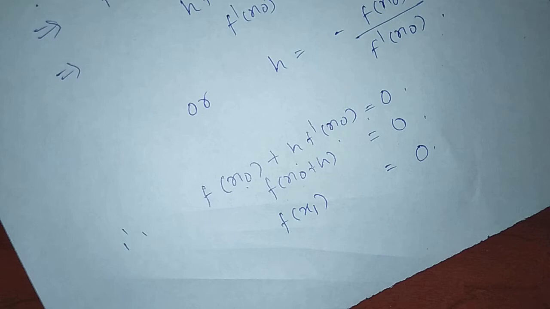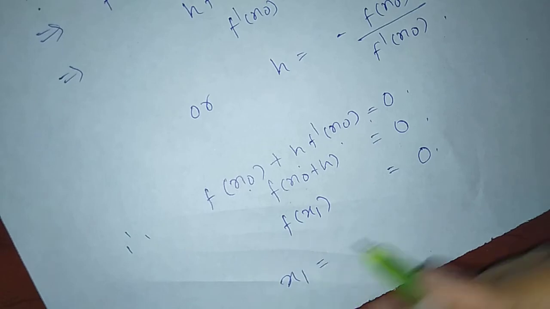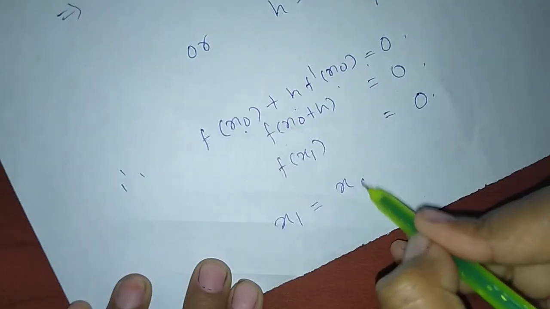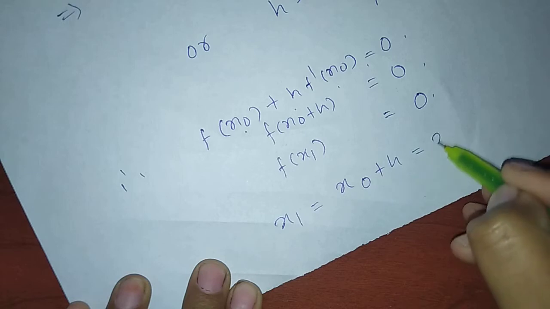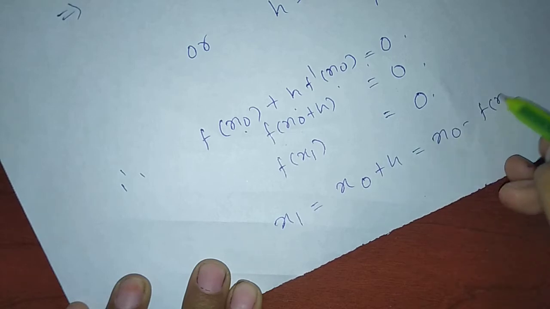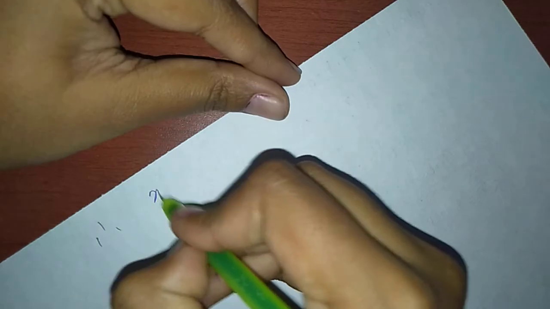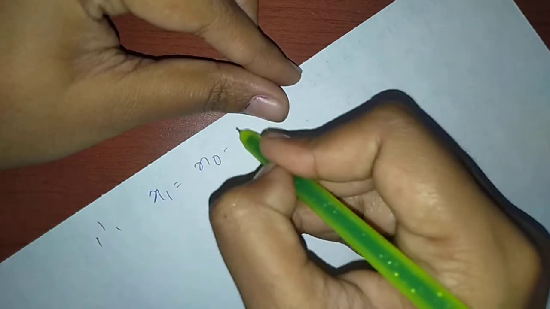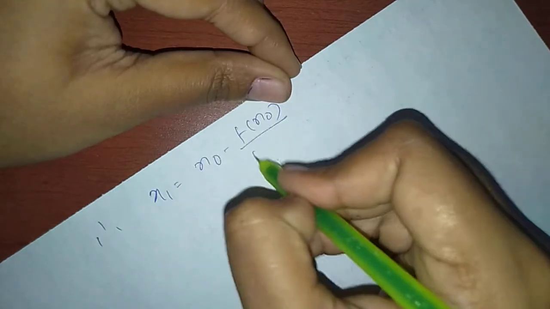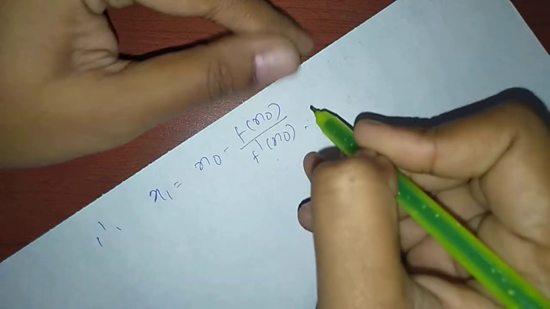Therefore a better approximation than x naught is given by x1, where x1 equal to x naught plus h equal to x naught minus f of x naught upon f dash of x naught.